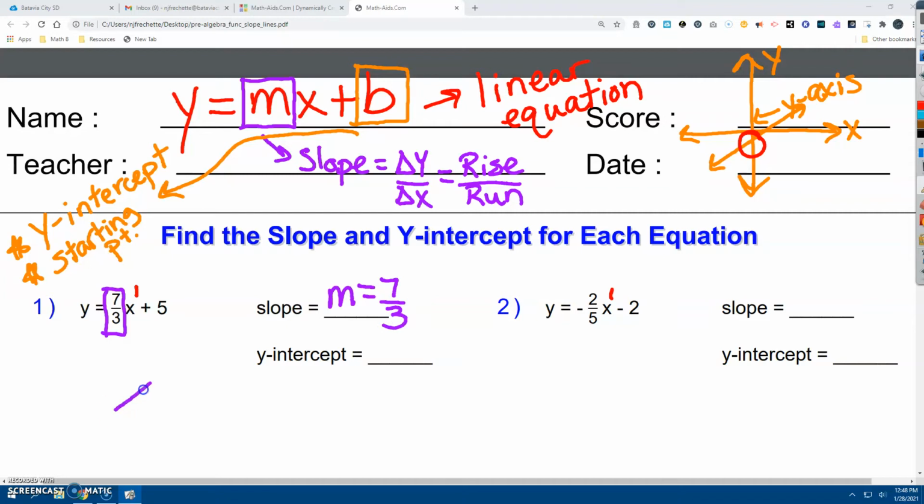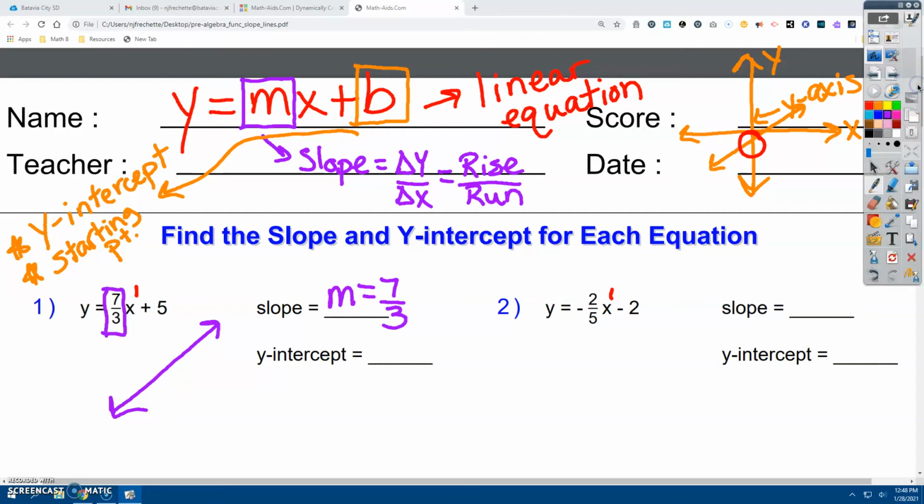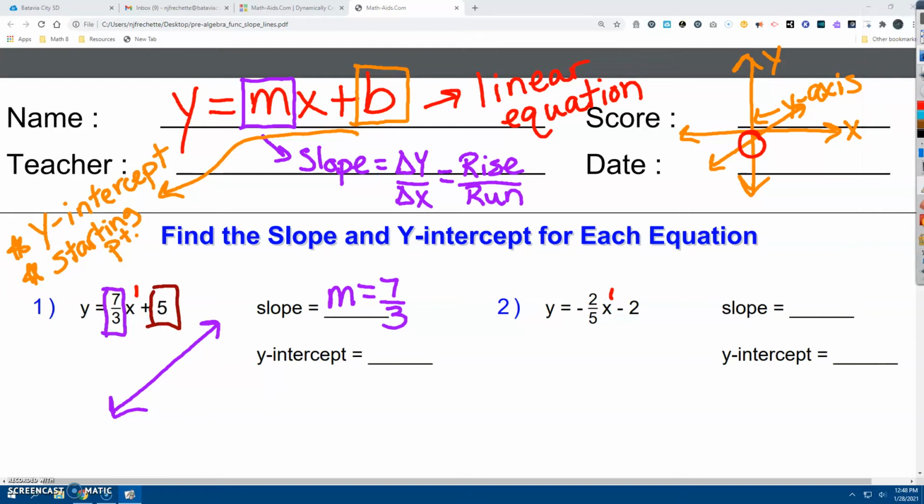So that would be a line that would be going this way, rising, right? Now, what's our y-intercept, or what's our starting point? So our starting point is our b value, right? So our b value is right here. So our b value, or our y-intercept, would be 5. If that's on a graph, it would be (0, 5). That's the point it would make up, right?